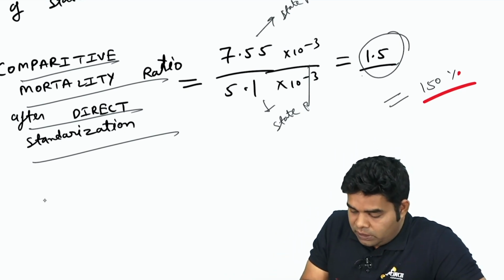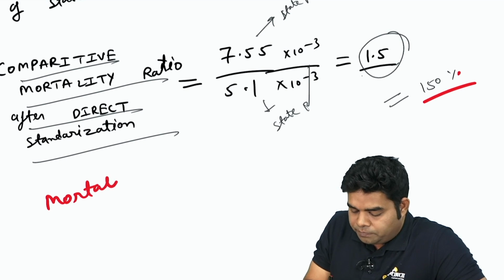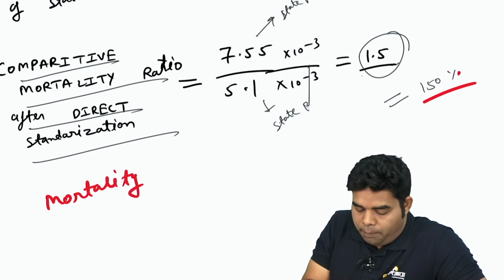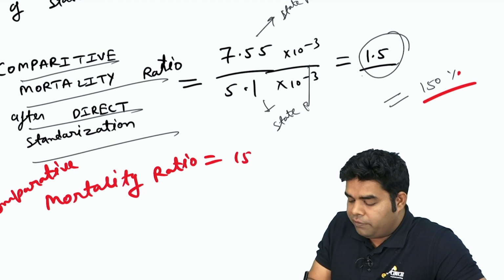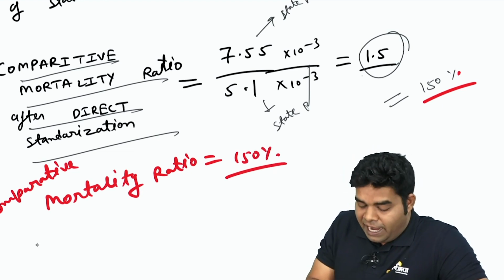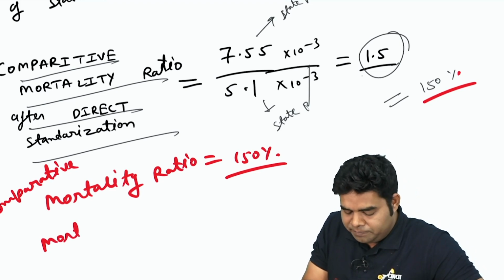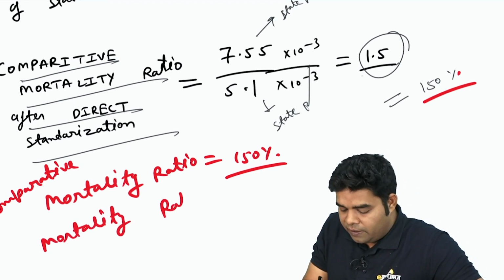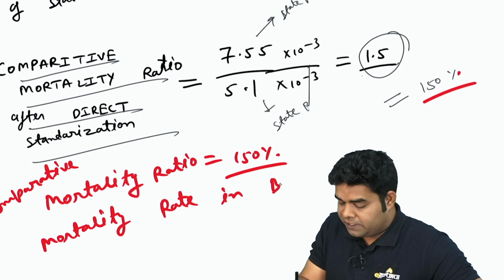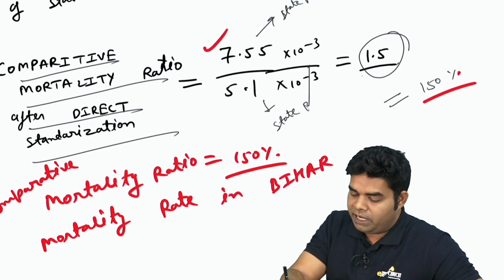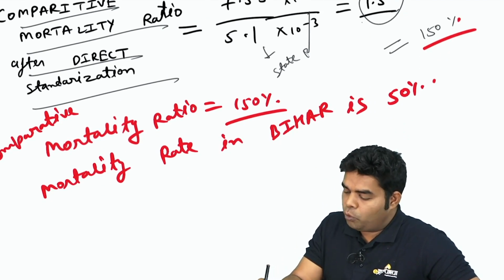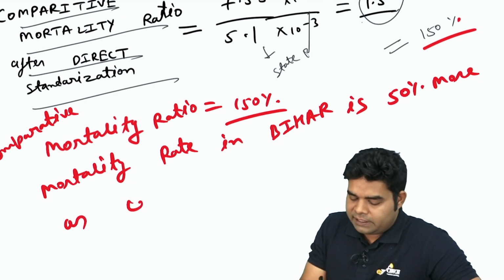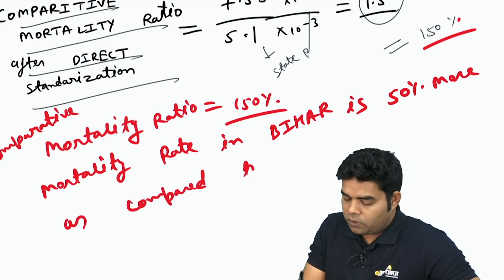That means if the comparative mortality ratio is equal to 150%, it means that the mortality rate in Bihar, state A, because above we have put the value for Bihar, is 50% more as compared to Chandigarh.